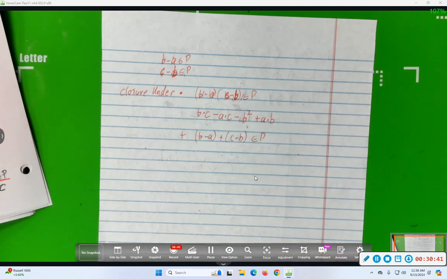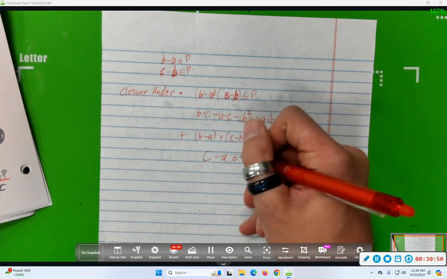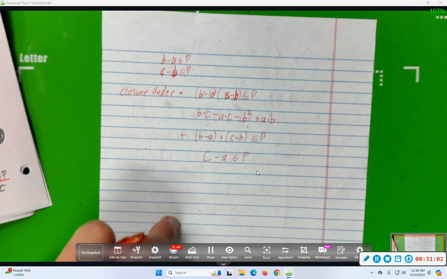By algebra, how does that simplify? C minus A is a positive. Nice. There's some associativity, the axiom of the additive inverse, axiom of the identity, but it's just algebra now. Is that what I wanted? Cool, let's do that.